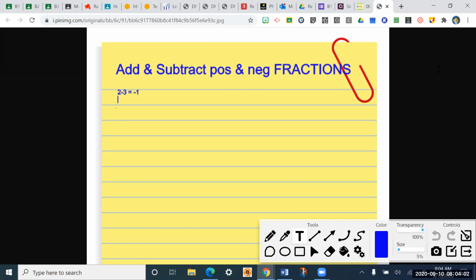You might also see it as 2 plus -3. Oops. So I joke a lot of times, people say, sir, is that a +3 or a -3? And I say, which way would you rather think of it?